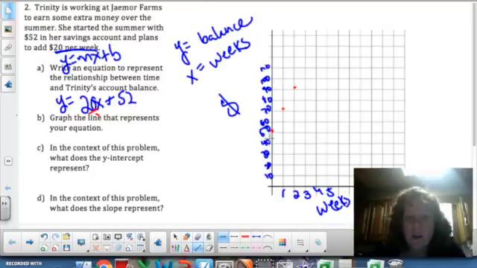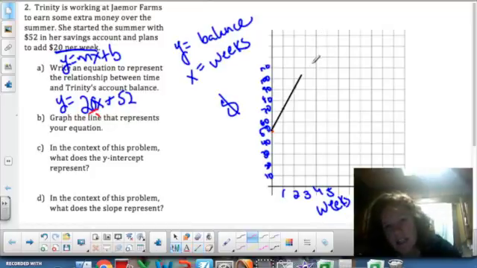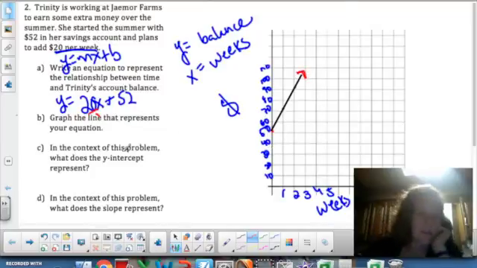I'm also bad at drawing them with these, but I'm going to try to do it because I feel like it's going to go a little bit better. Unless my computer decides to freeze up. Yay, there's my line. Then I'm going to draw the little ends of my arrows so that I know that hopefully it's going to continue to increase. She's going to continue to save up money, and it's going to go on forever and ever.